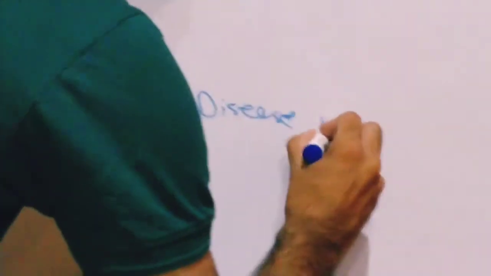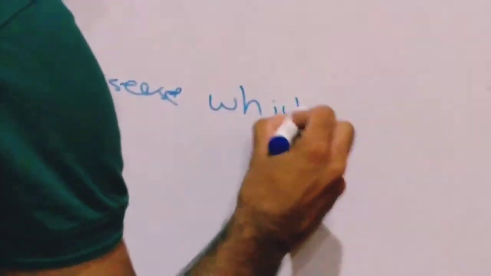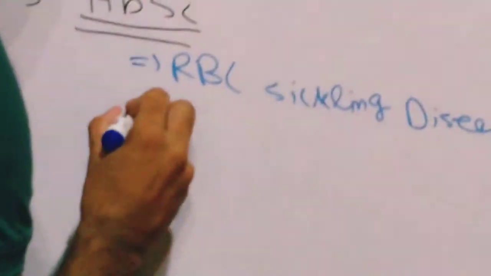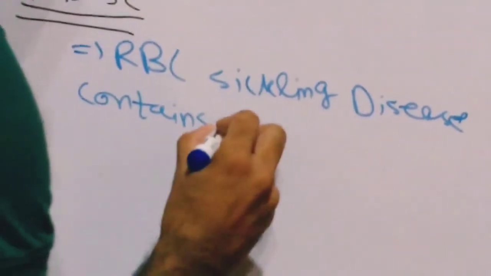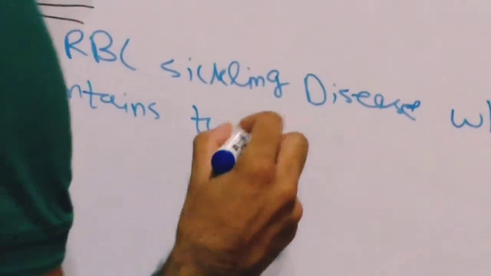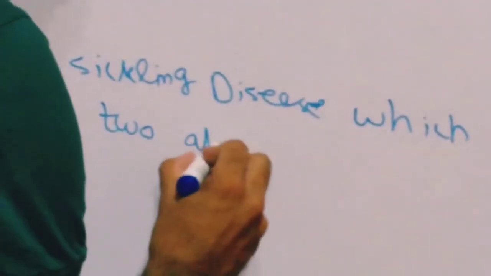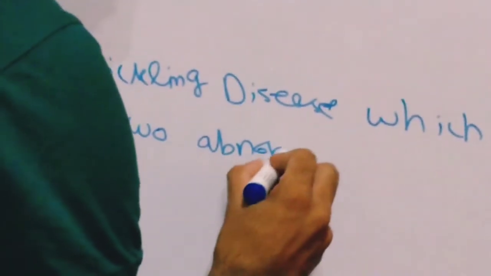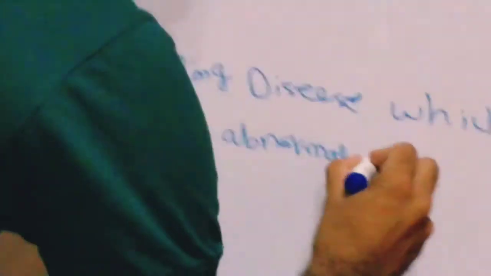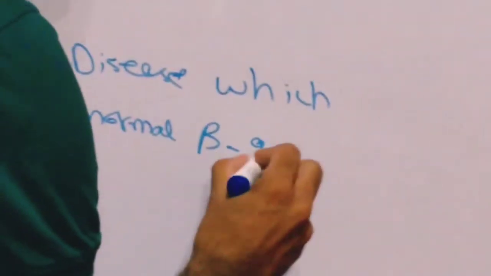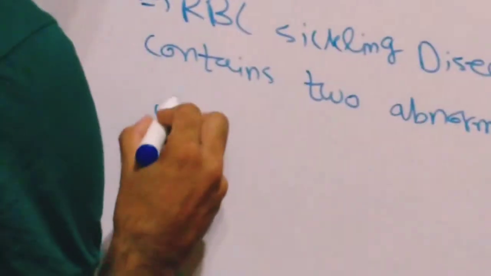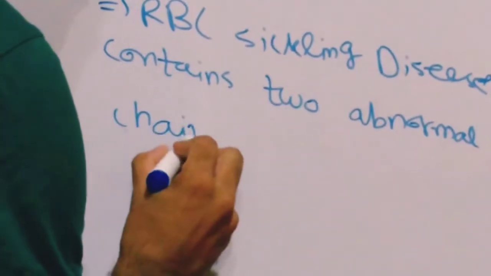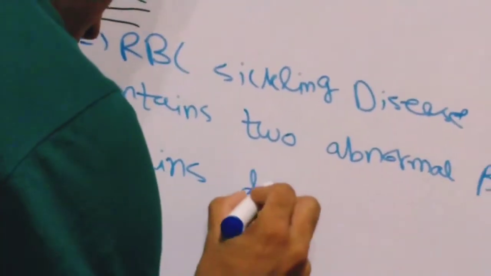Contains two abnormal beta globin chains different from each other.